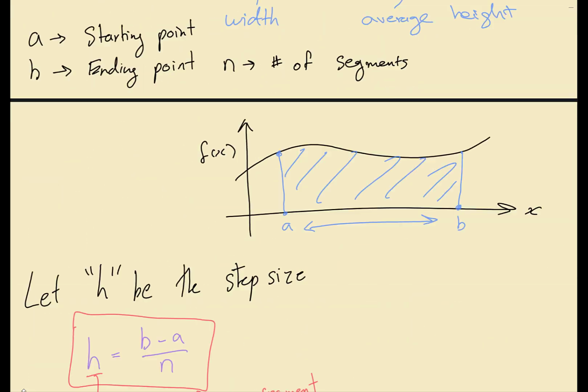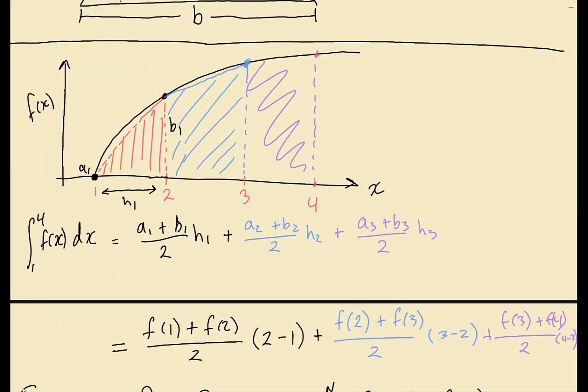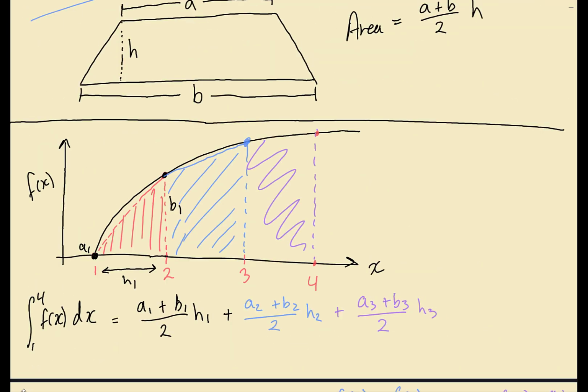A rectangular shape will typically have more error than this one, especially if you have a very nonlinear function. If I take the same segment as a rectangle, then it'll overestimate or underestimate, so you'll have way more error.